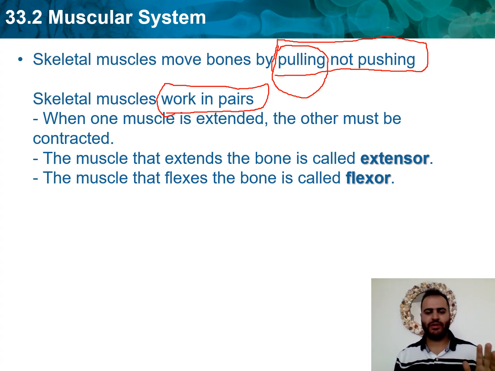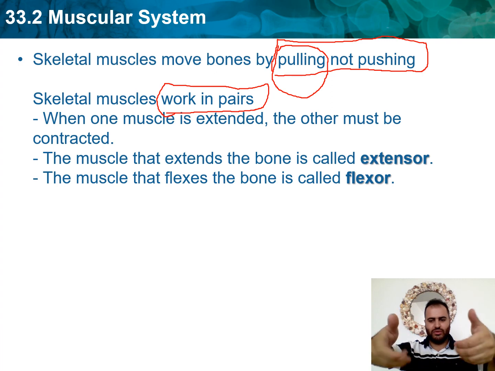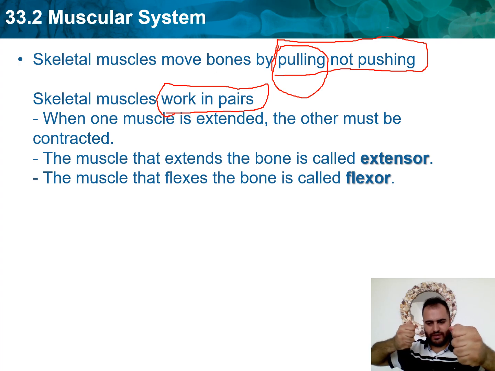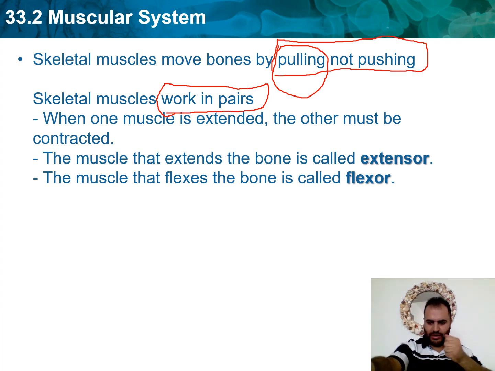Here I give an example. If you are familiar with horseback riding, in order to change the direction, what you do is you catch the horse with the rein. So you pull one side and you release the other. If I do like that, the horse's head will move to one side. If I do like that, the horse's head will move to the other side.